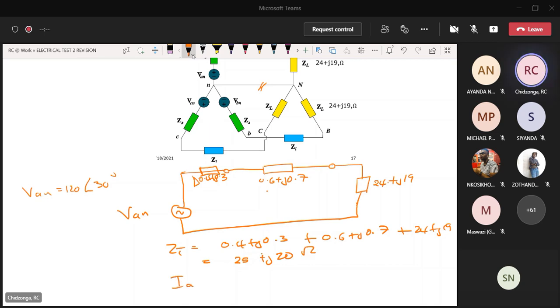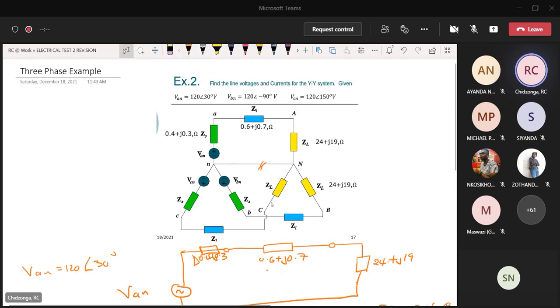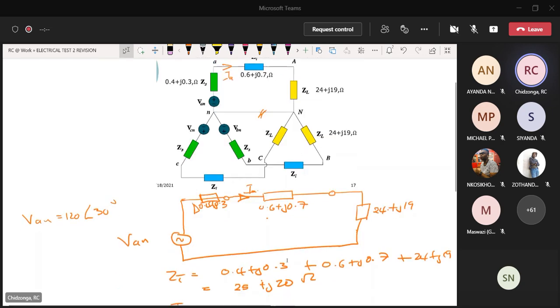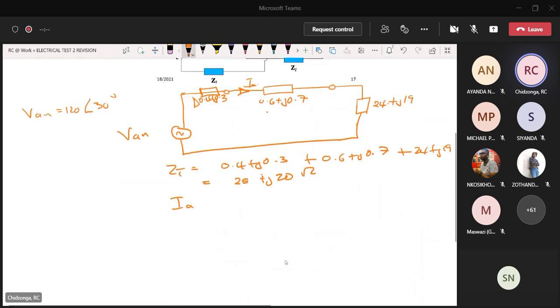And then the line current, the current that is now flowing here, is the same current flowing there. And this is IA. So this current here is line current IA. So IA is going to be the voltage 120 angle 30 divided by 25 plus j20.